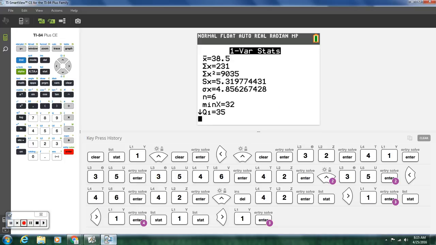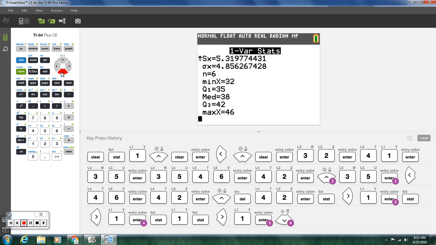Like you've got your minimum, they're telling you it's 32. If you arrow on down, you'll find there's Q1. Here's your median. There's your other number you need. So 38 is your median. Q3, and then the maximum. Use my down arrow. Go down, go like that.